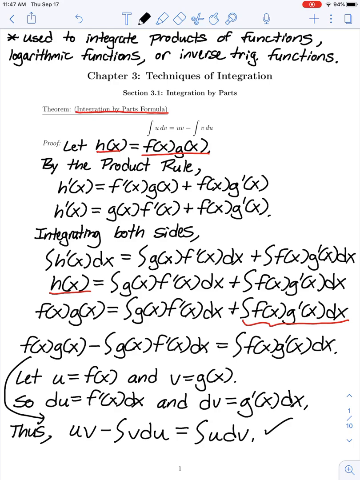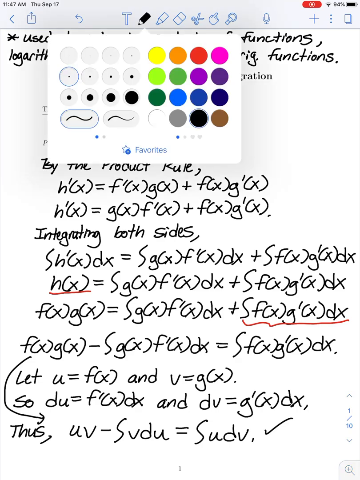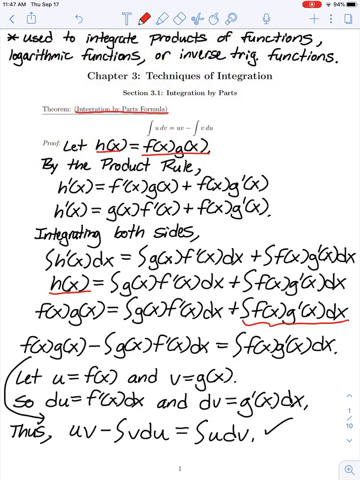So what this theorem allows us to do is take an integral of the form u times dv, and rewrite that integral as u times v minus the integral of v du.